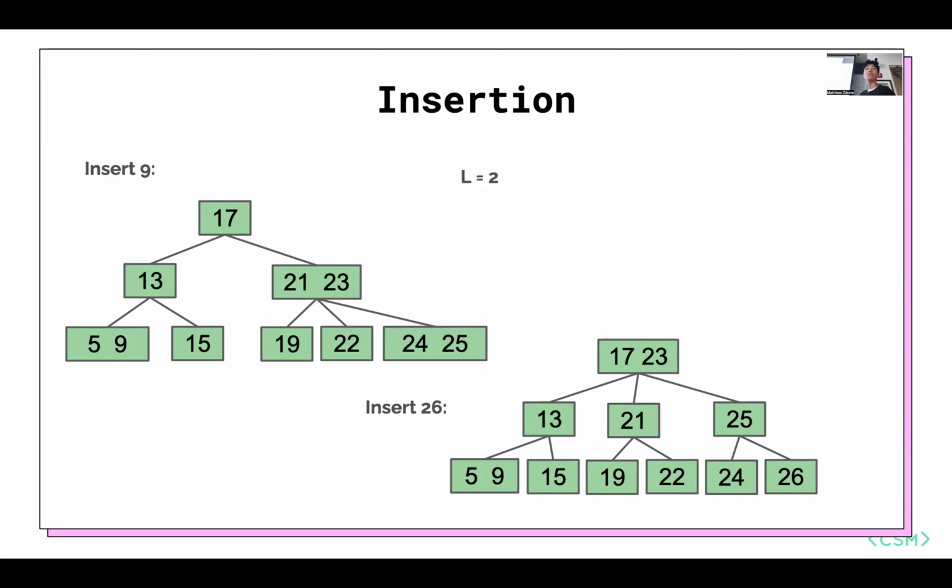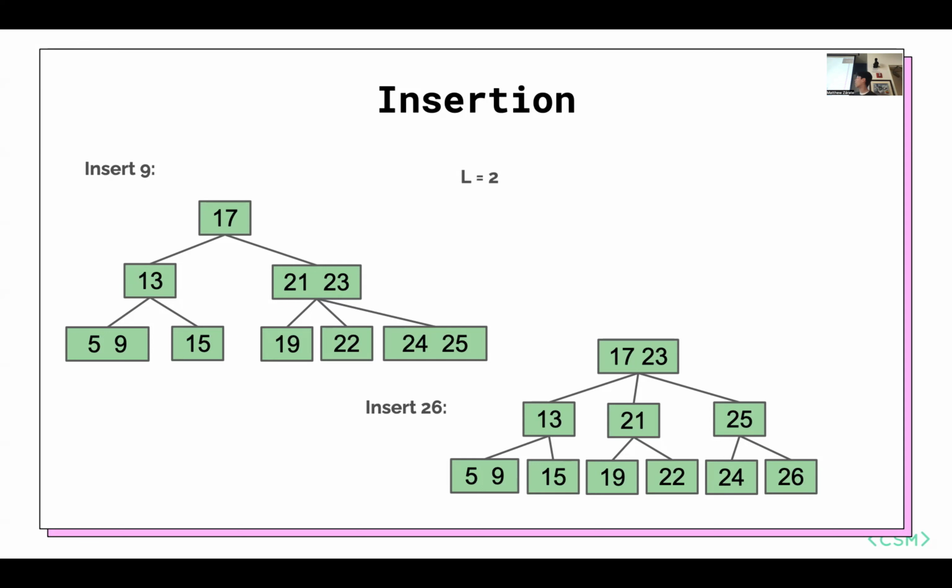So every time you have overloads, if the number becomes greater than the limit, then you split it up into two subtrees and move the middle node up to its parent. And this is like a chain reaction. If your parent node also has too many, then you do the exact same thing all the way until the top.